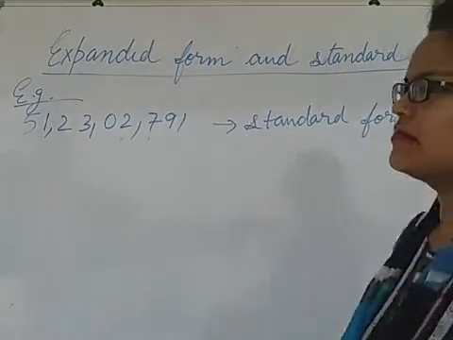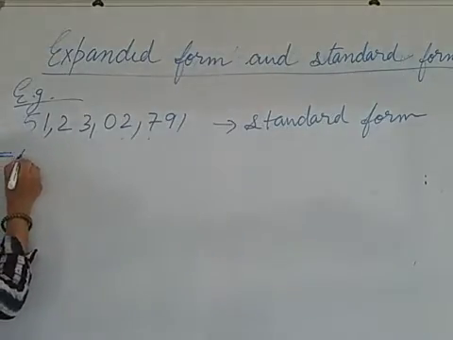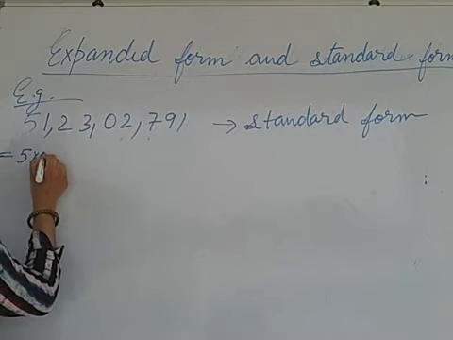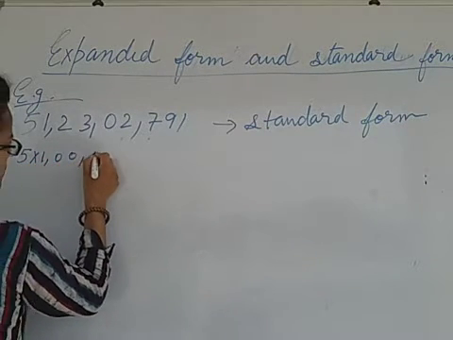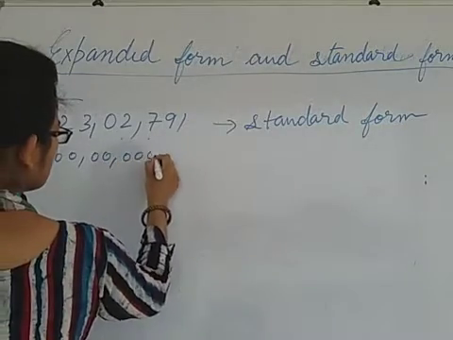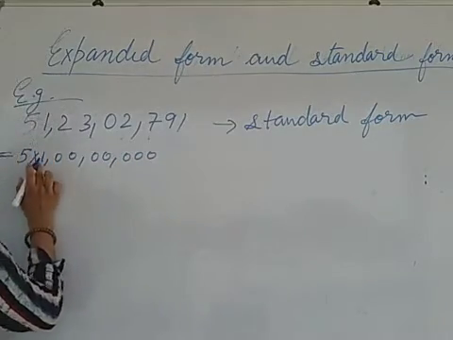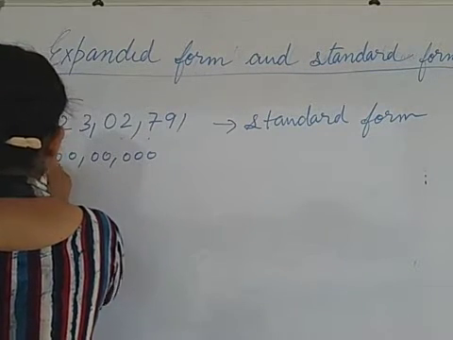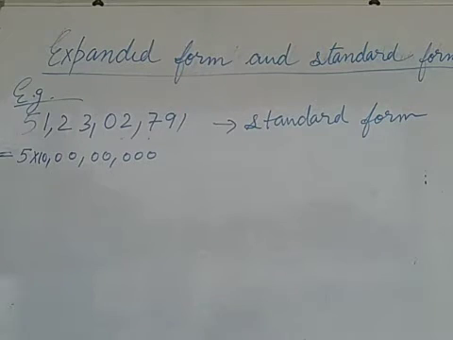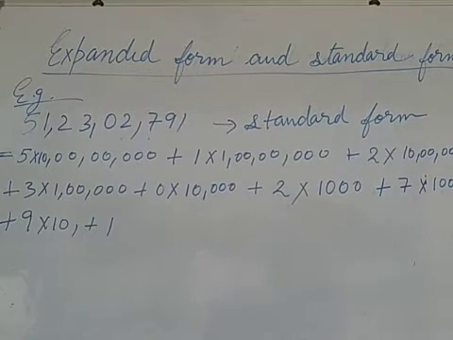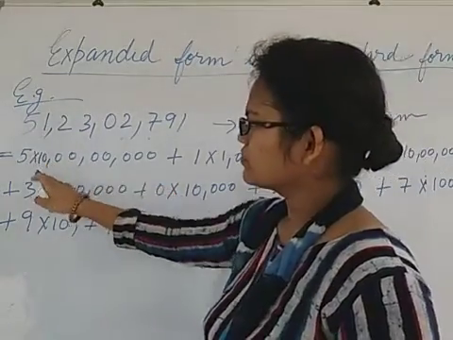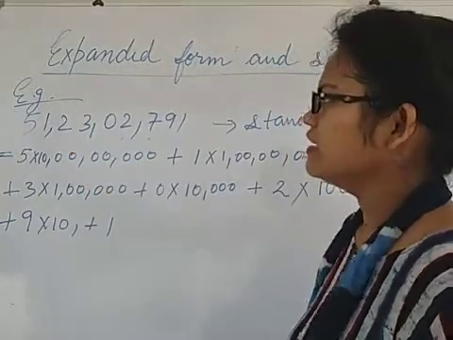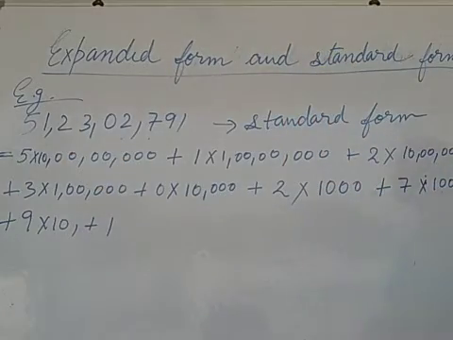Let us write this number in expanded form. So 5 multiplied by... Next, so this is the expanded form of the number 51 crore 23 lakhs 2791.